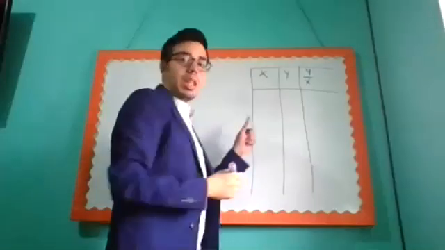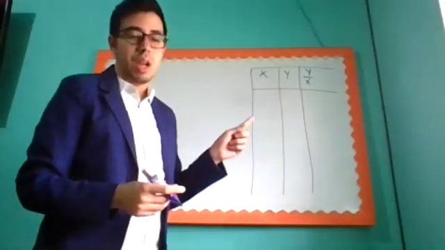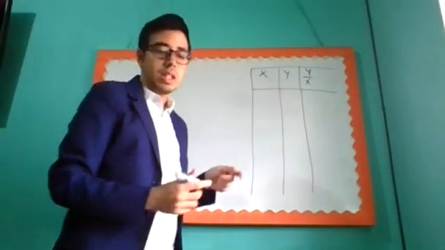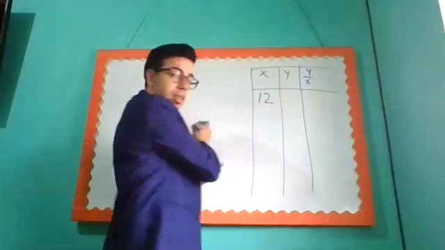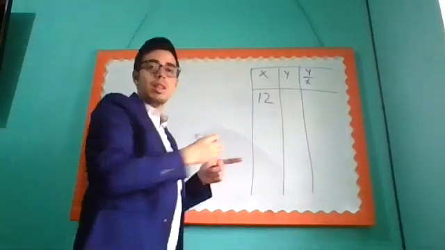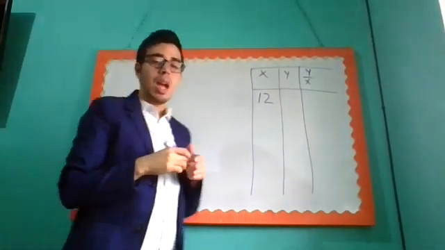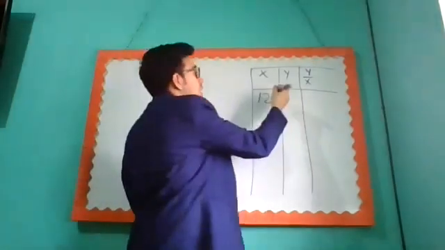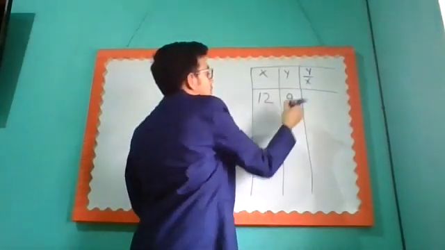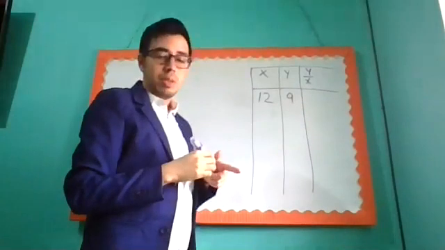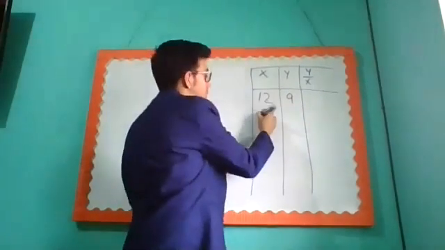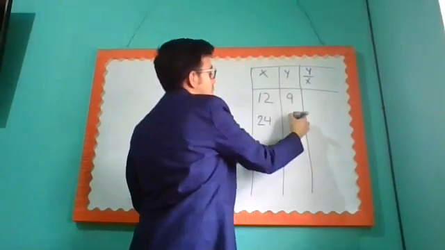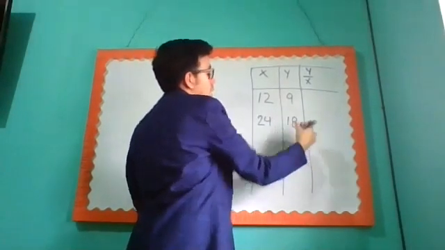For the x, the first value we have is 12. The horizontal distance is x. The horizontal line is x. And for the y, we have 9. The next ones are 24 and 18.